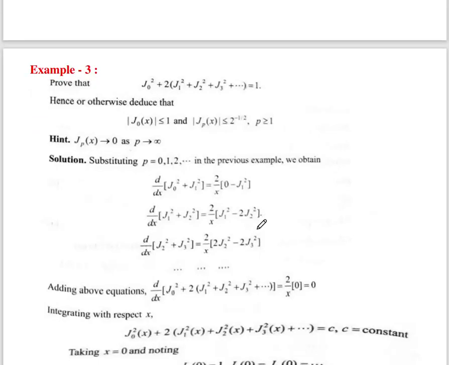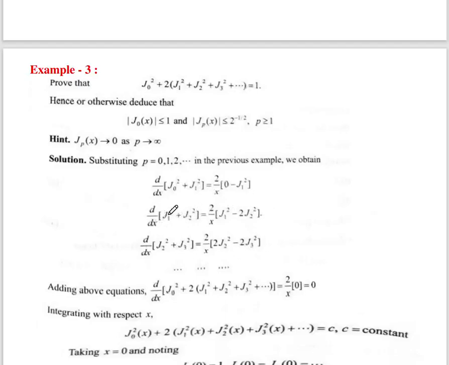We have already discussed example number 2. So putting the values p equal to 0, 1, 2 in the previous example, we will get d/dx of (J0 square plus J1 square) equal to 2 by x (0 minus J1 square).